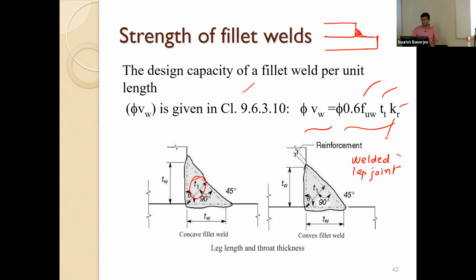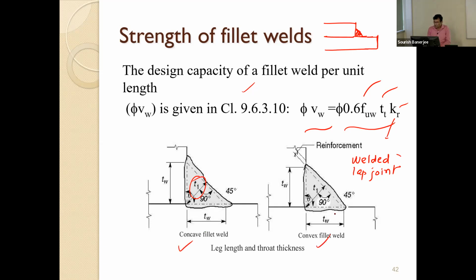Why are you using the factor 0.6? Because this 0.6 times Fuw basically represents the shear strength. Just like if you recall the bolted connection, you have 0.62 times Fuf. In this case, we have 0.6 times Fuw. And Fuw is very important, the nominal tensile strength of the weld metal. That means it is coming from what welding rod you are using.